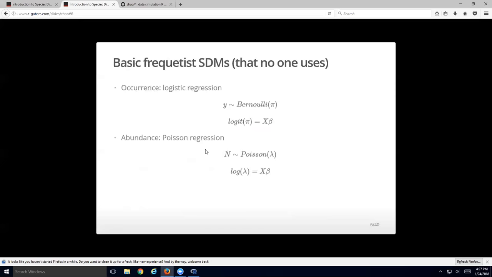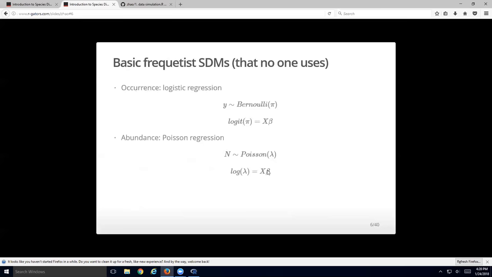Or if you have count data or abundance data, that count can follow a Poisson distribution with this parameter lambda, and log lambda can be x times beta. So if you have that, you can already build a link between your observation of your target species and the environmental covariates. That's the first thing, right?